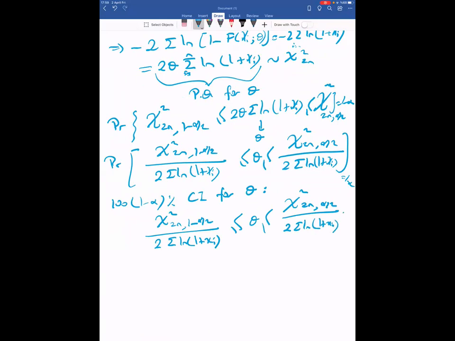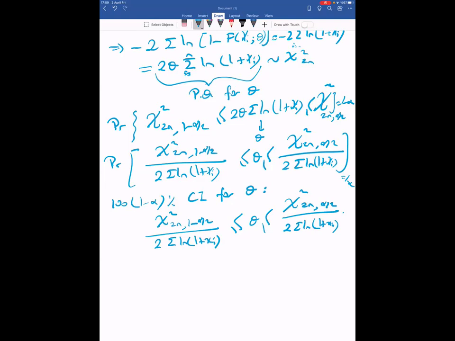Sometimes the question is not just finding the two-sided confidence interval, but an upper or lower bound. At that step, you have to focus on your pivotal quantity: is it an increasing or decreasing function of theta?